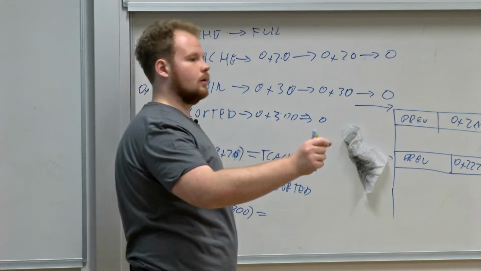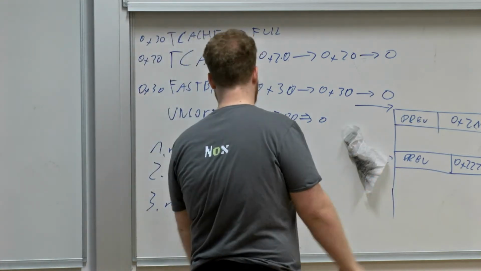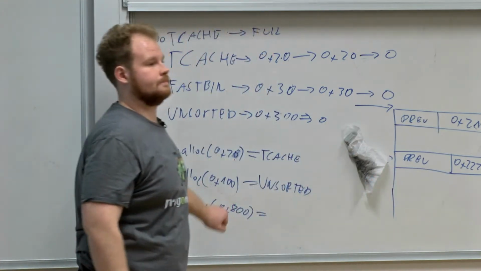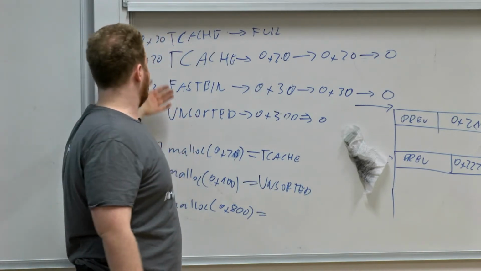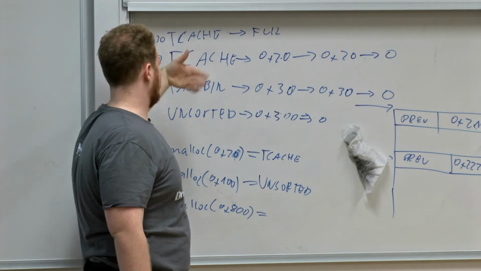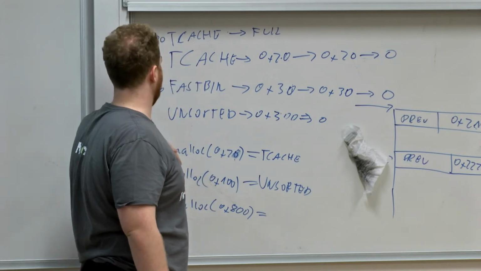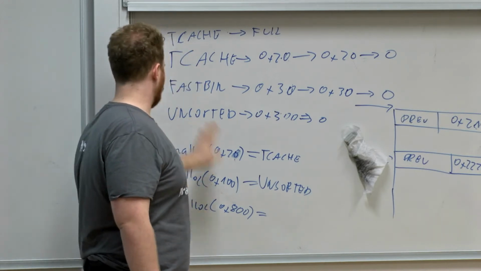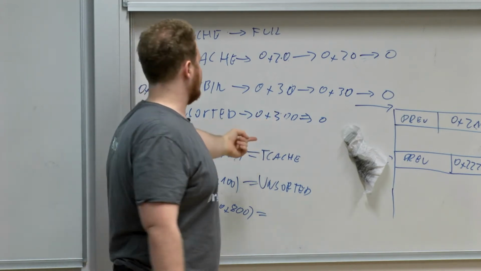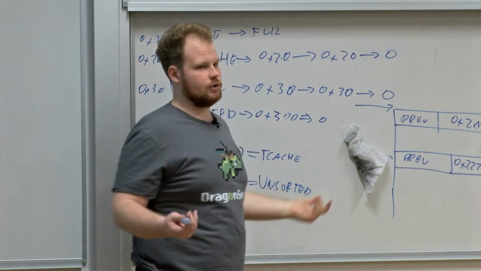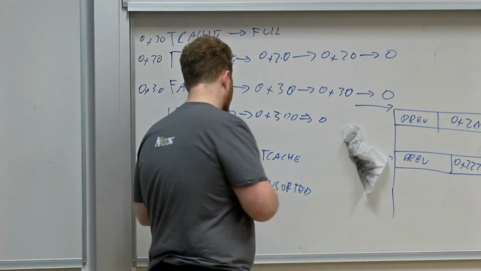Top chunk. Yes, exactly. Why? It's too large for all the caches. It's too large for the tcache, of course. There's no point in looking. It's too large for fast bin also. And in the unsorted bin, the largest chunk is hex 300, so we can't use that either. And so this will come from the top chunk.